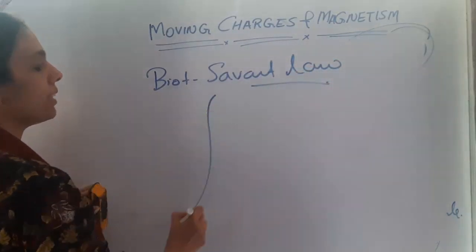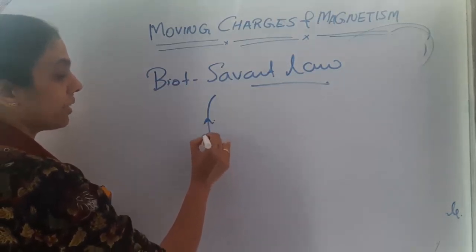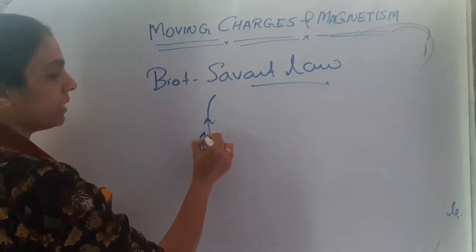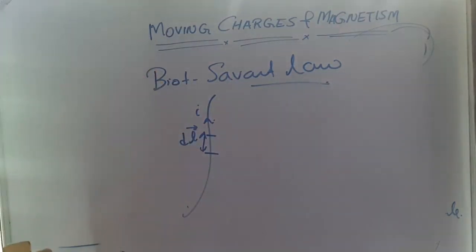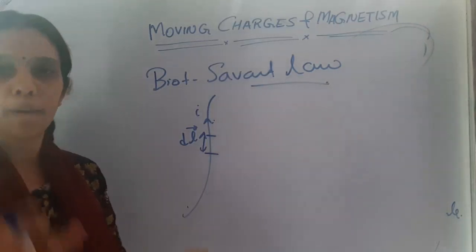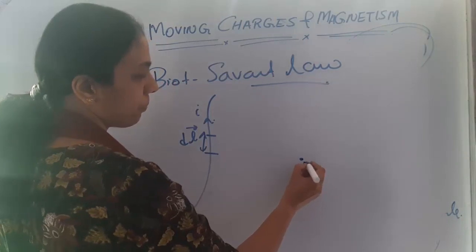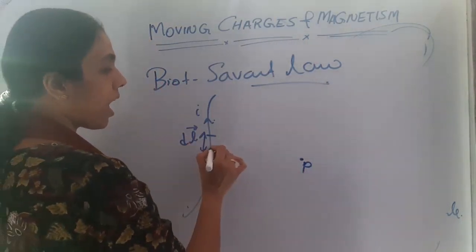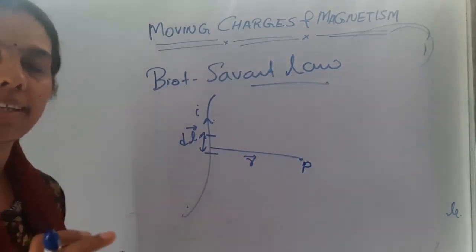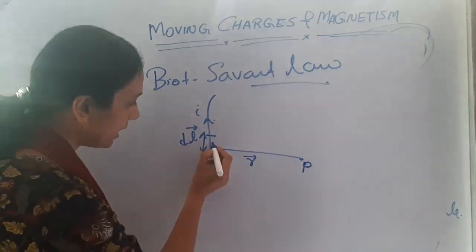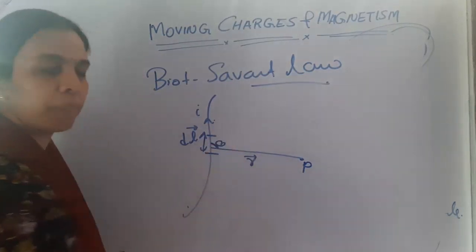Say a current carrying conductor is present here, and I is the current flowing through the conductor. In that I am considering a small current element having length dl. I am considering a point P at a distance r from the current element dl. This dl and r make an angle theta.